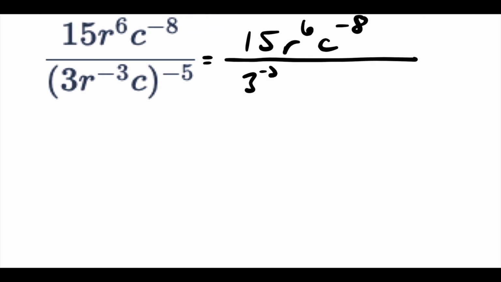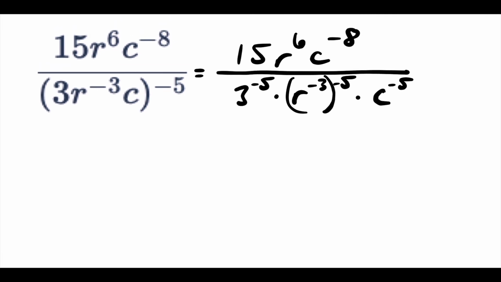So 3 to the negative 5. R to the negative 3 to the negative 5. And C to the negative 5. Okay. I still have parentheses on the bottom. So I'm going to take care of this guy right here. I have a negative 3 power and a negative 5 power.